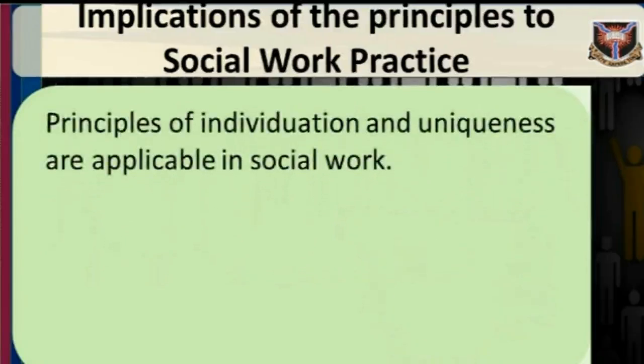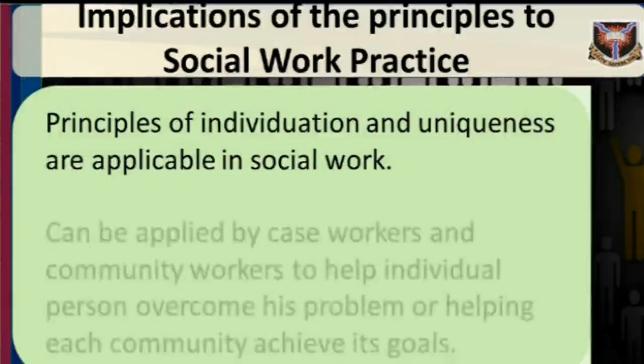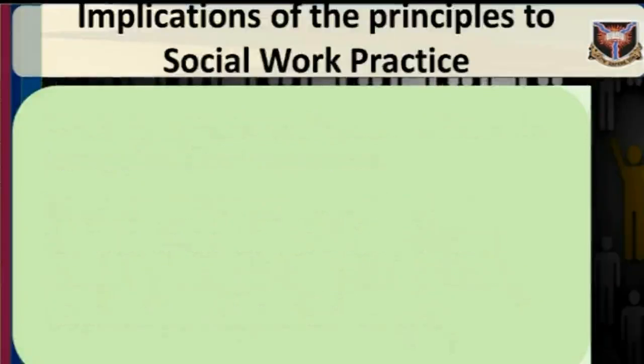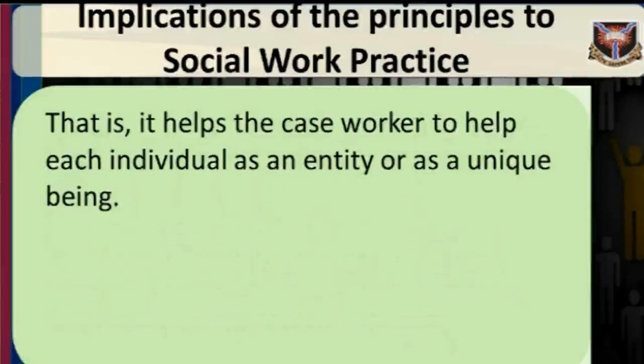Both the principle of individuation and uniqueness are also applicable in social work. They can be applied by case workers and community workers to help an individual person overcome his problem or to help each community achieve its goals. In other words, it helps the case worker to help each individual as an entity or as a unique being.